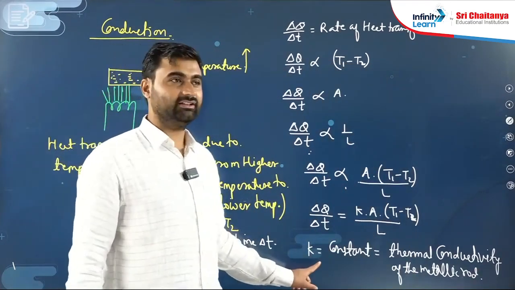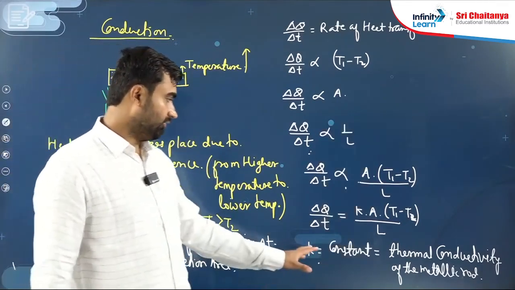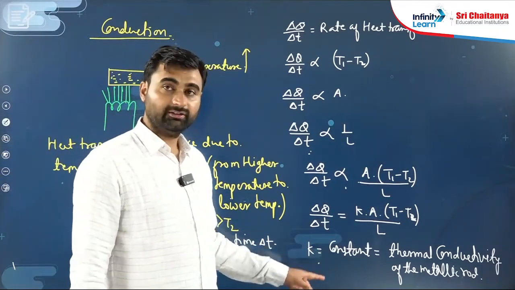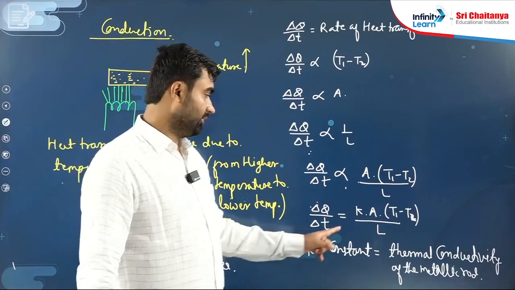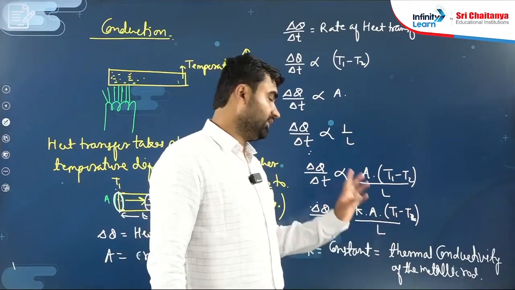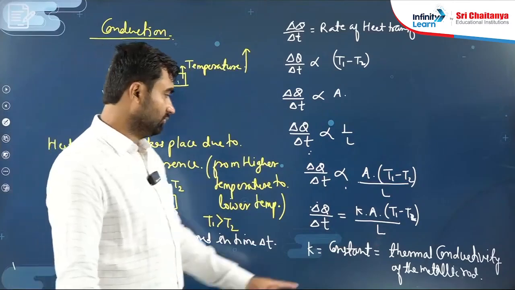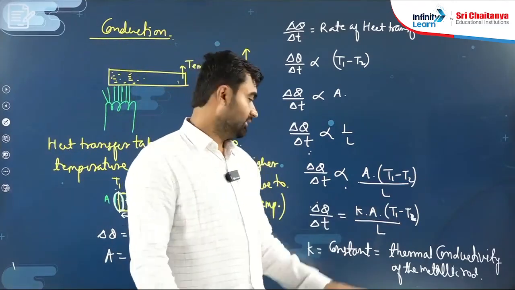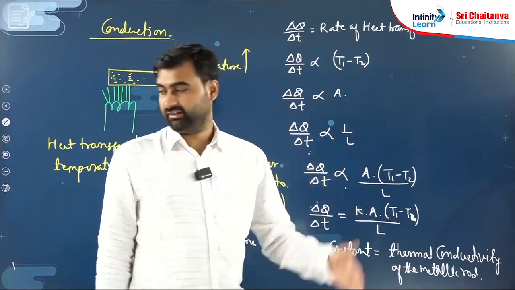So what is K here? Constant. Okay. So we understood this point. What? That rate of heat transfer is equal to, formula is K A (T1 minus T2) by L. What is T1? Higher temperature. T2 lower temperature. L distance between one end to another end.